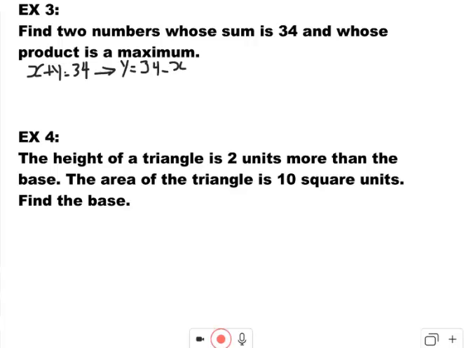And also we want the product. The product, let's call it P, is xy, to be a maximum. We know that y is 34 minus x, so I can write this as x times 34 minus x, which is going to give us negative x squared plus 34x.